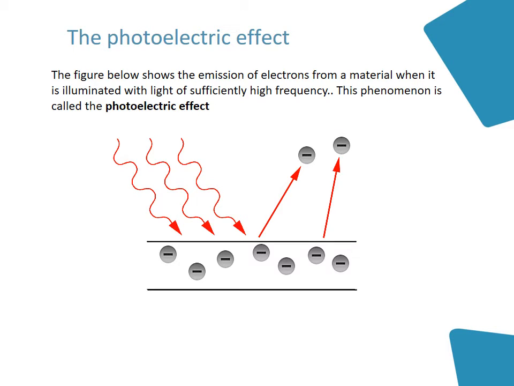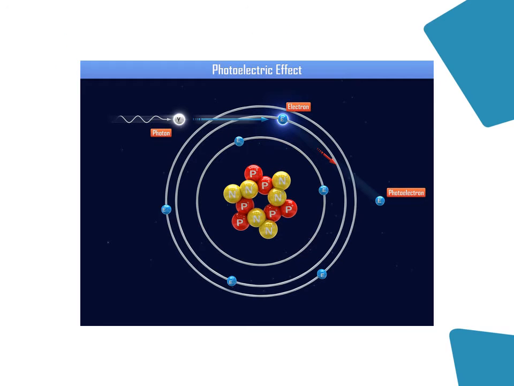The photoelectric effect is a phenomenon where a type of metal is illuminated with a particular frequency of light. And if the light that's shining on that metal is of a high enough frequency, what we see is electrons being emitted from the surface of that metal. And this phenomenon is called the photoelectric effect. So this is another image just trying to demonstrate the photoelectric effect.